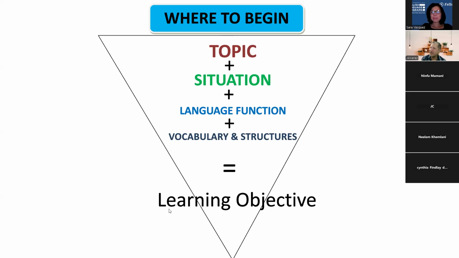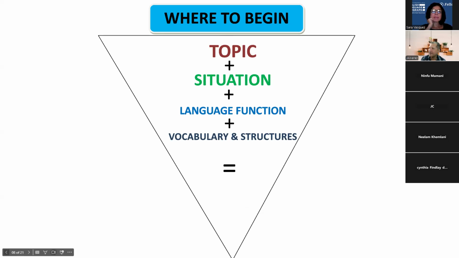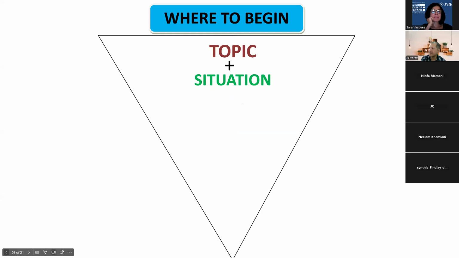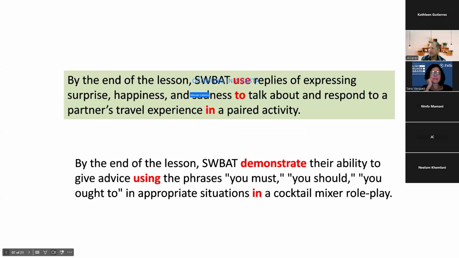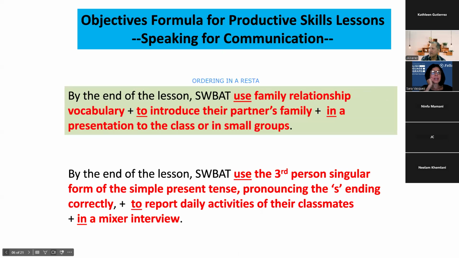So I'm going to share again an example just to have a big framework. That's a good idea. Great, Joelle, go ahead. So they use the to and the in, right?